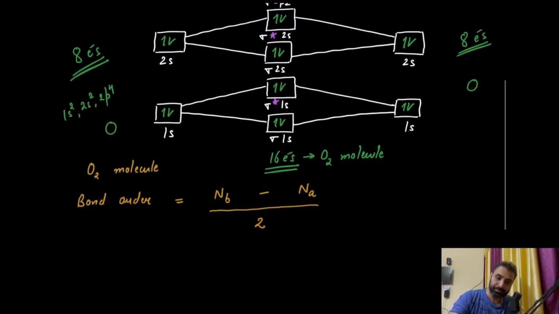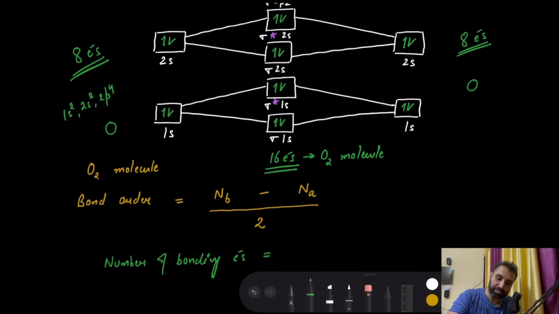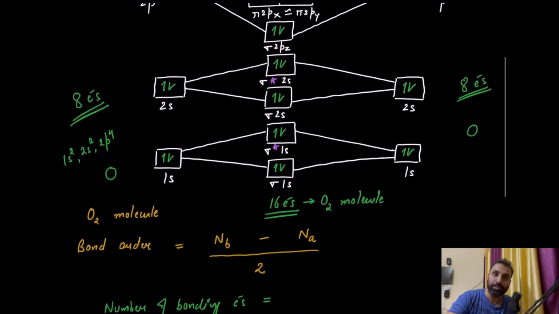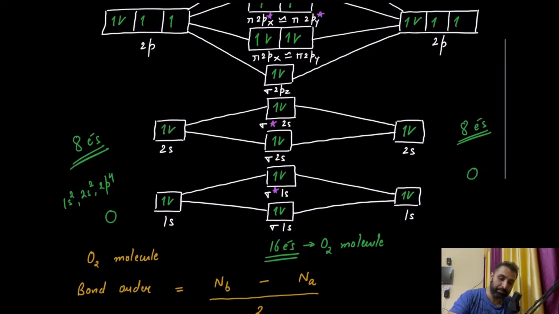First of all, we have to count the number of bonding electrons. Bonding electrons are those which are present in bonding molecular orbitals. So let's count them.